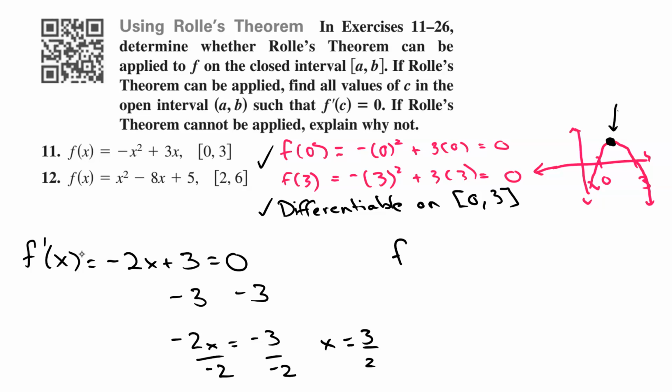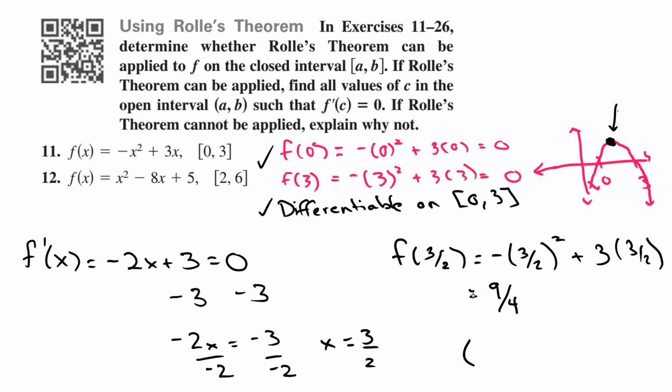We substitute back into our equation to get the y value of the point. And when you do that, you will get 9/4. So our point is (3/2, 9/4). And that's the point where the slope is 0. So that's the point right here.